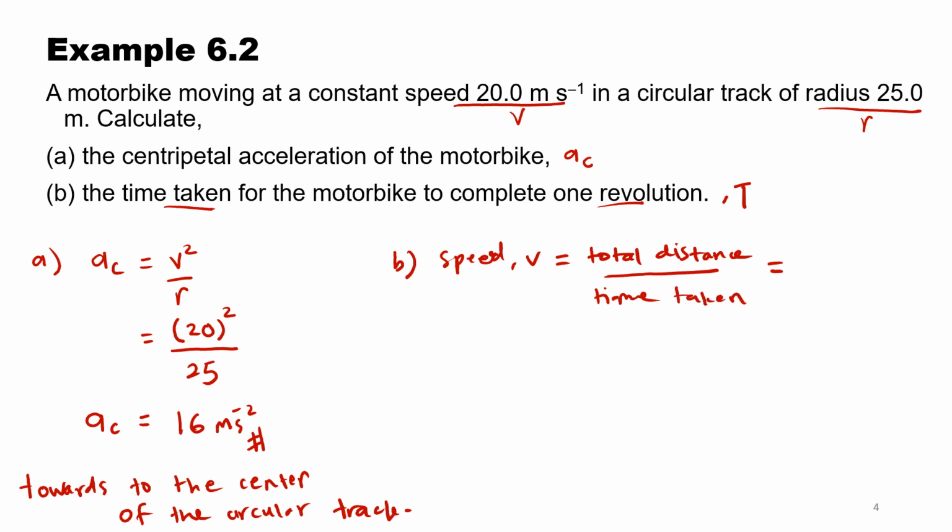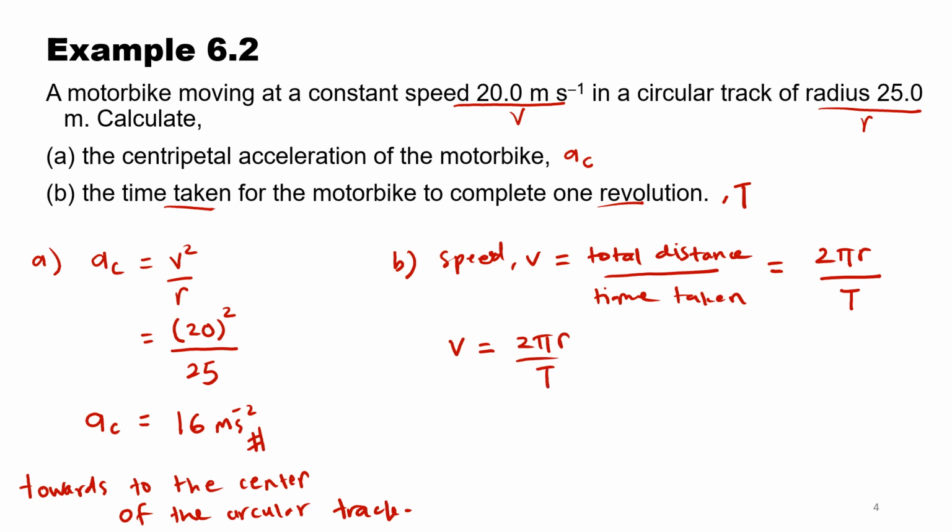So for one complete revolution, the total distance is simply the circumference of the circle, which is 2 pi r. And the total time for one complete revolution is the period capital T. So we have the equation V is equal to 2 pi r over T.